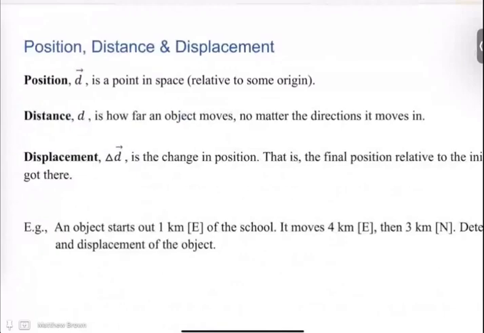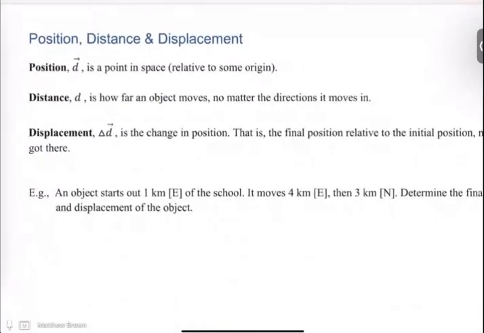And that gives us some definitions, which is what we like in physics. Understanding what a vector is and how it's different from a scalar, we can define quantities more precisely. So for example, we can say position is a vector. It's some point in space relative to some origin. You can define what the origin is. The point you're calling 0, 0 is arbitrary, and it's up to you.